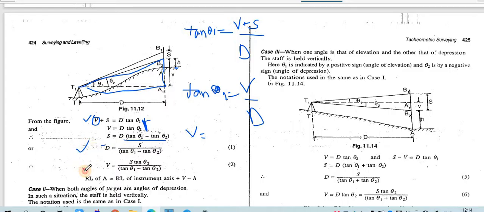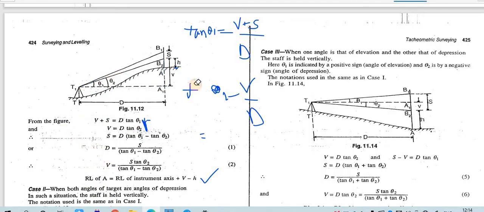So in a similar manner, we can use this V formula. Over here we want the vertical height, so we will put the value of D. D we have got as S into tan theta 1 minus tan theta 2. Over here it is tan theta 2. So you can get your value of V. So RL of A is what? RL of instrument axis plus V minus S. That will give you the value.